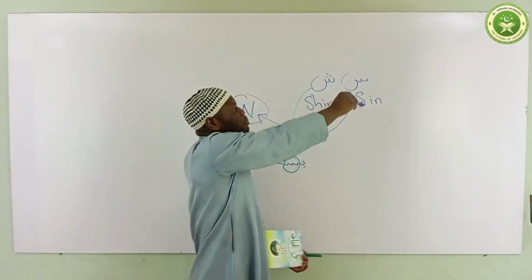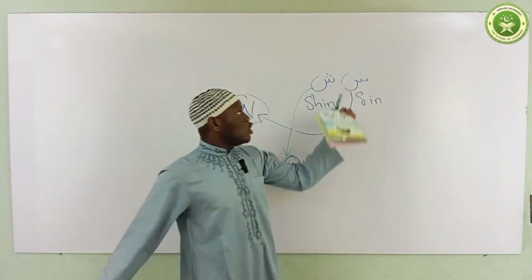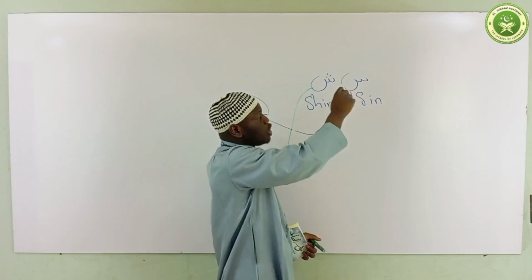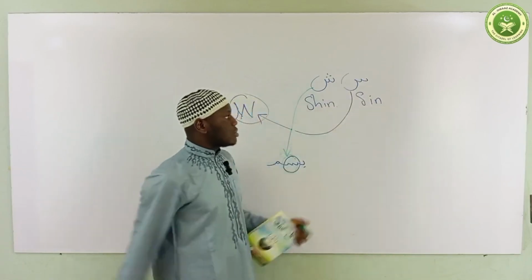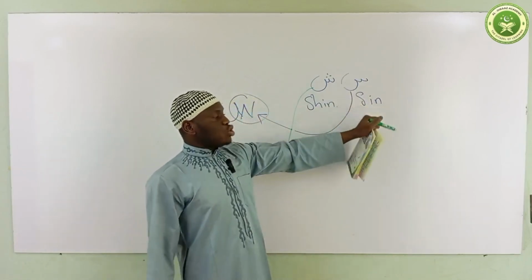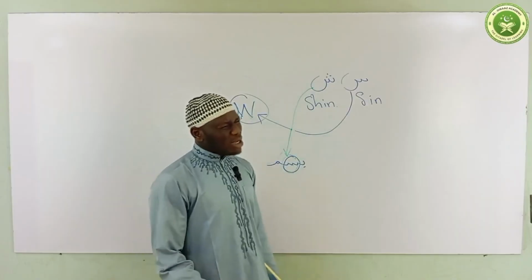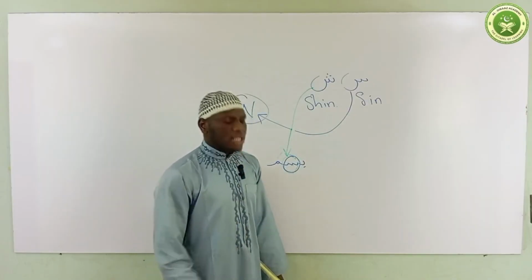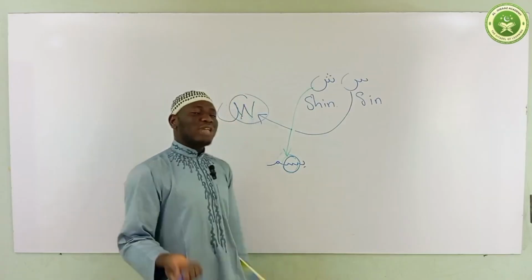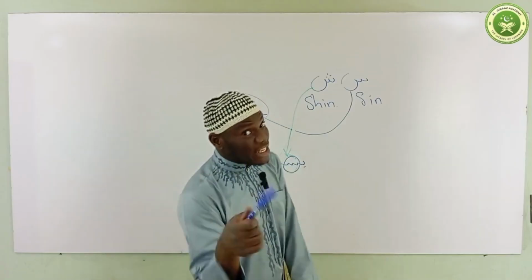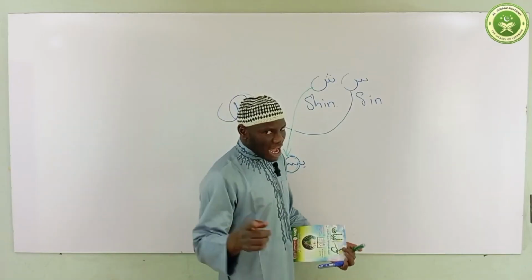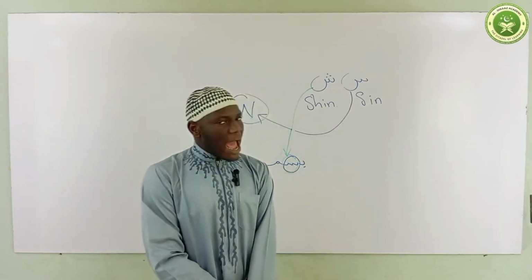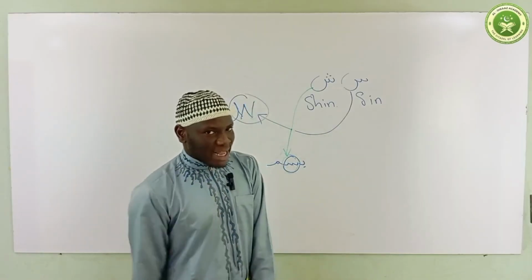So in the W family, we have sin there. So if you want to remember the W family, the one that has no dot is sin. Sin used to look innocent, as if it did not do anything. You grab the vibe. It used to act as if it's an innocent person, but then it's the baddest.